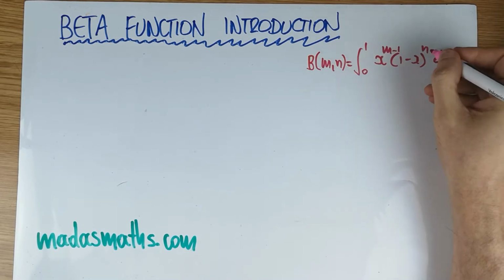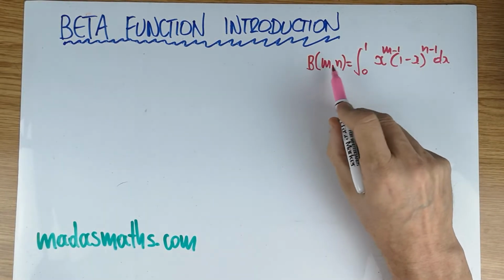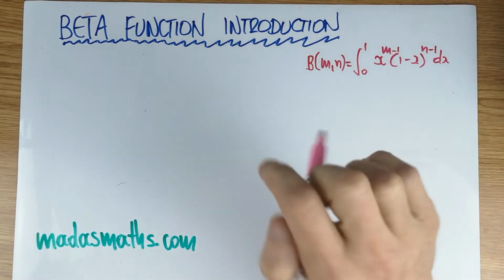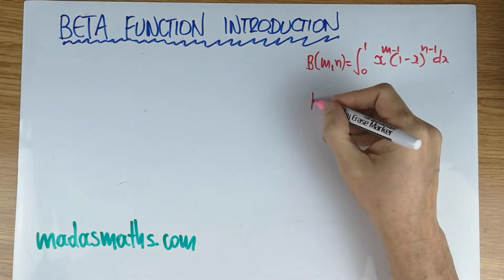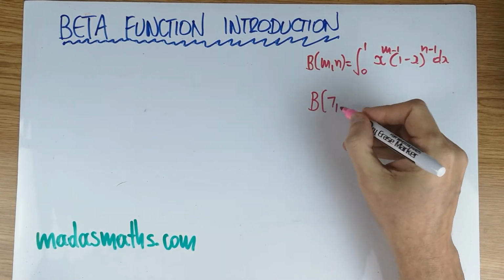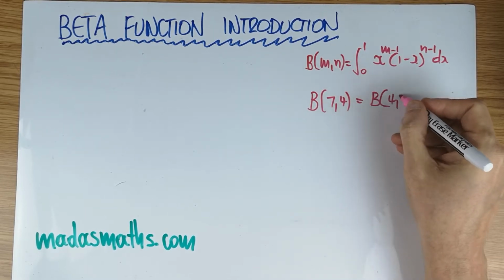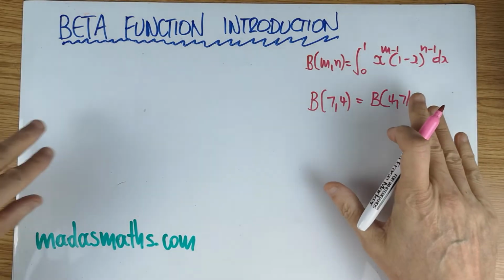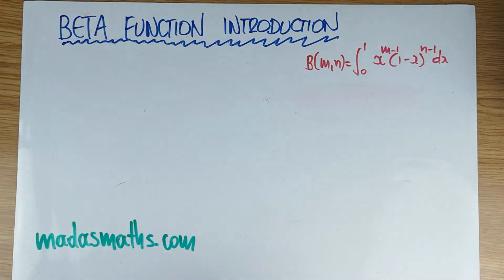I forgot the minus 1 there, so that's a terrible start already. It is commutative, so it doesn't really matter which is the m and which one is the n. Basically, the beta of 7, 4 is exactly the same as the beta of 4, 7. It makes no difference which way the two quantities appear.